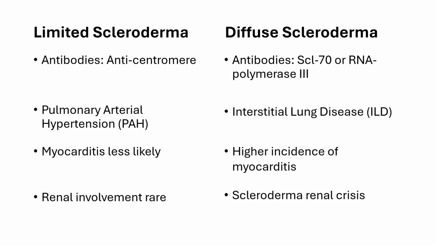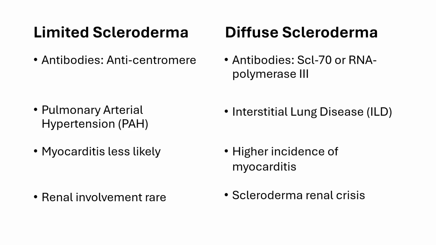And when scleroderma affects the kidneys, they don't usually get glomerulonephritis or a tubulointerstitial nephritis the way you get with lupus or Sjogren's. The more common manifestation of scleroderma is something called scleroderma renal crisis. This is a very important disease process.